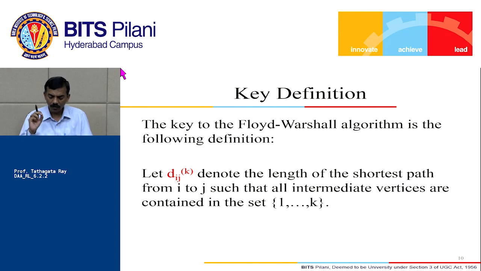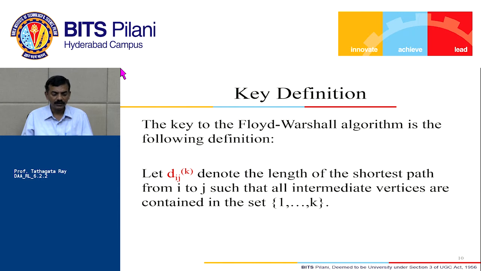So now one thing you understand is that it is a dynamic programming approach. Remember, in a dynamic programming approach you have to come up with a recursive solution, so there will be an optimal substructure property. The key to the Floyd-Warshall algorithm is the following definition.